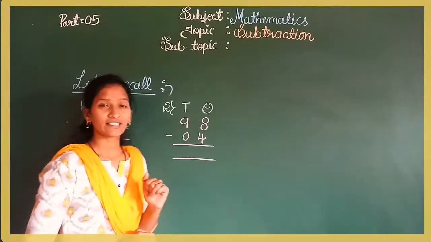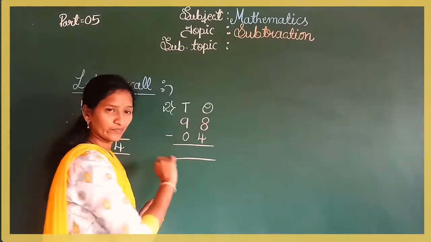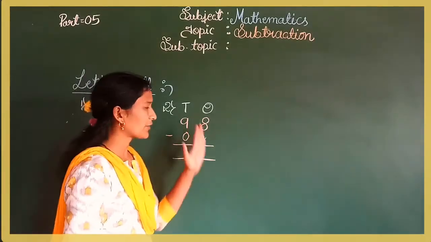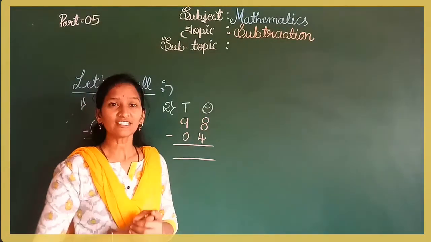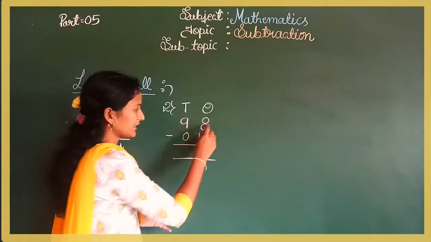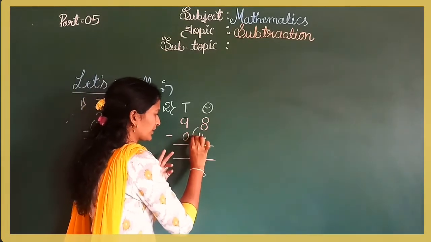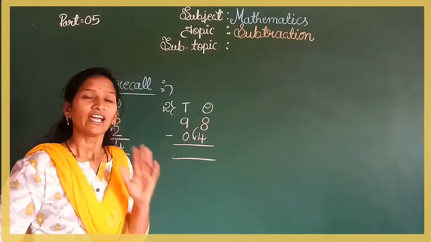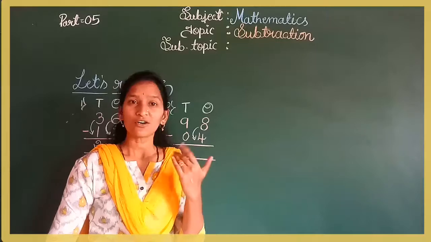So now come to the second problem. It is 98 minus 4. Okay. Yes, first you have to subtract the digits in the ones place. What are the digits there? 8 and 4, right? So 8 minus 4. What is 8 minus 4? It is 4.